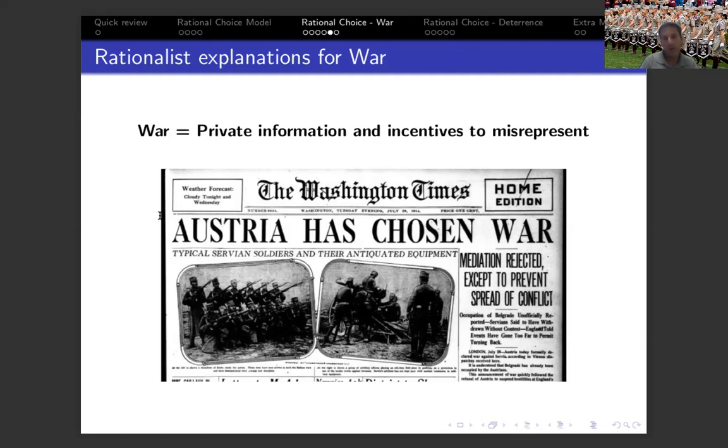Austria issued an ultimatum to Serbia, threatening, of course, violence. Now, Austria had beforehand a defense alliance or agreement with Germany, and Serbia had a defense agreement with Russia.